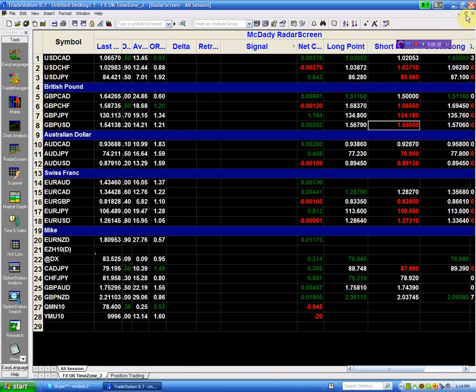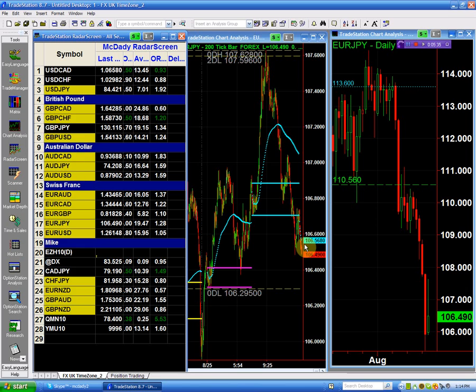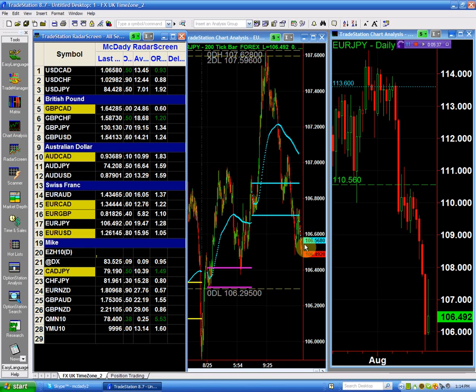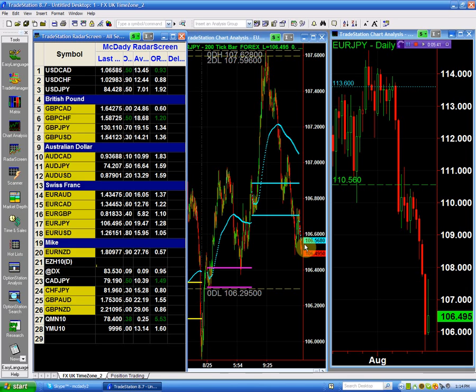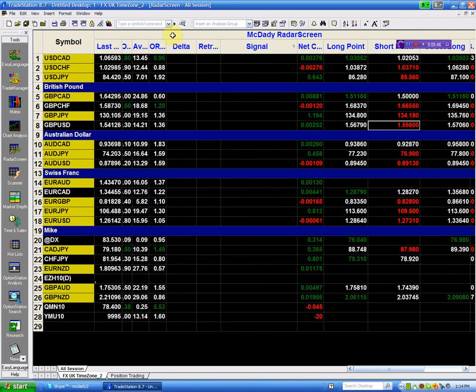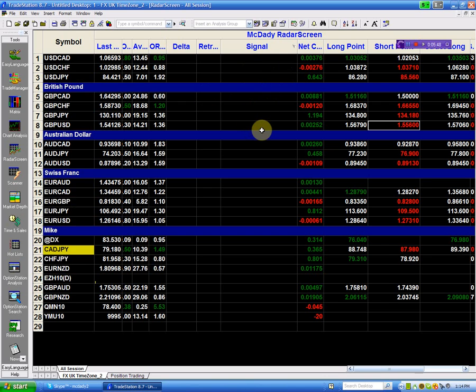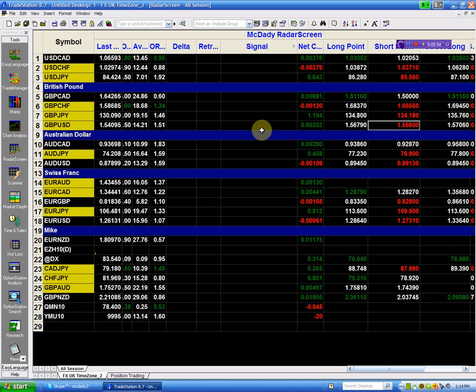Today there isn't too much economic news, but there is the crude oil inventory coming in at 10 o'clock. So anyway, with that, let's see which currencies are beginning to move. We're going to wait until we get some of the signals. This is how we prepare for the session.